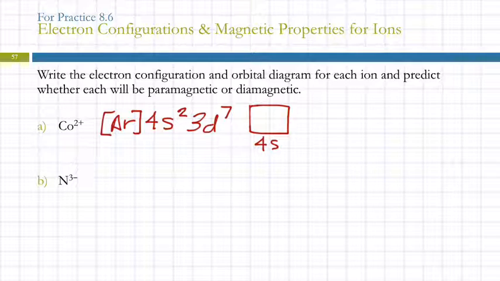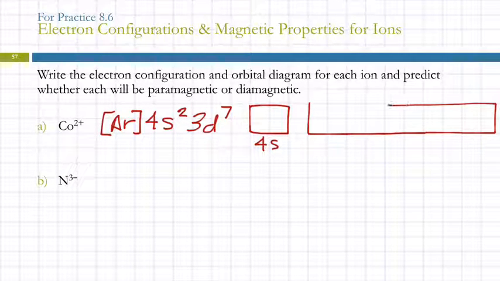We've got 4s, and then we've got, oh, that didn't work out with my little boxes. Yeah, that's a mess.